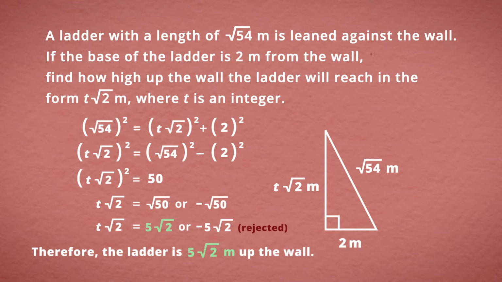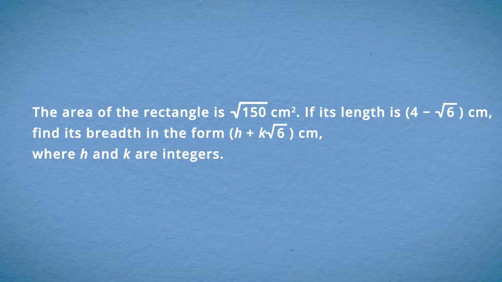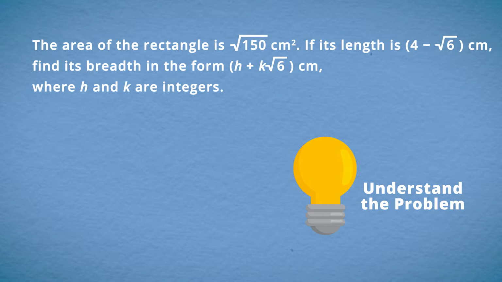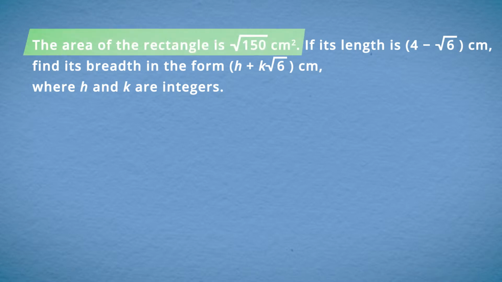Next, let's look at another problem involving surds. Again, the first thing that we need to do is to understand the problem by looking at the information given and what is required. Again, we can draw a diagram to help us. Here, it says that area of the rectangle is square root of 150 square centimeters.